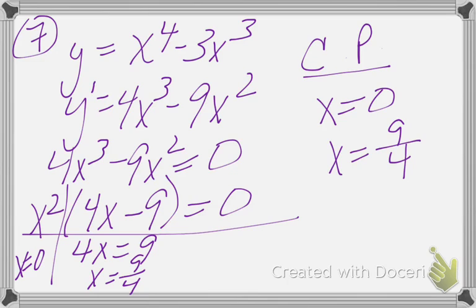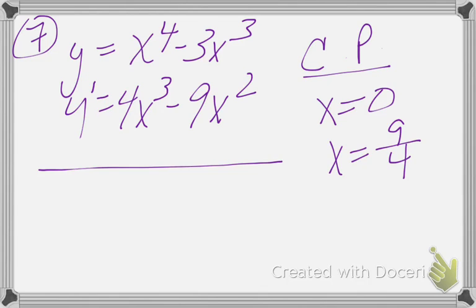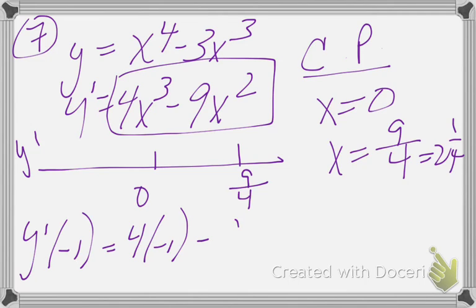Okay, next we needed to know about max and mins and increasing and decreasing. So I could do a wiggle graph with a second derivative test, but since I also have to do intervals of increasing and decreasing, I may as well just do the wiggle graph. So I have 0 and 9/4, which is 2 1/4. Here's my y prime. So y prime of negative 1 will be 4 times negative 1 minus 9, which is negative 4 minus 9, so it's negative.